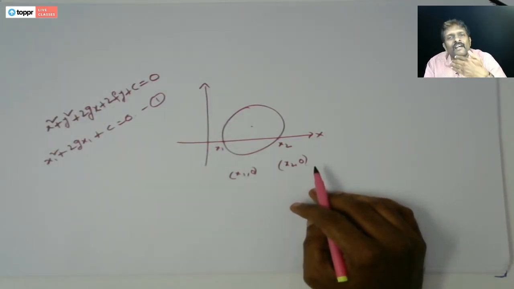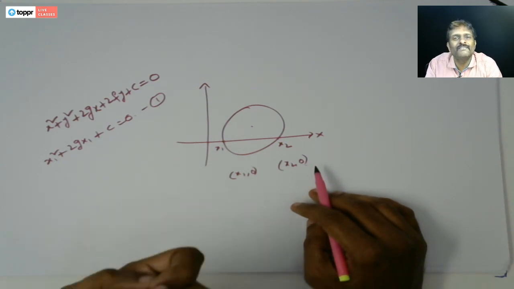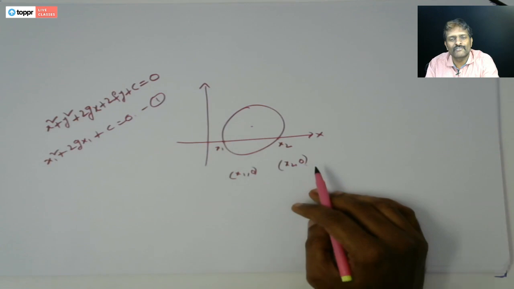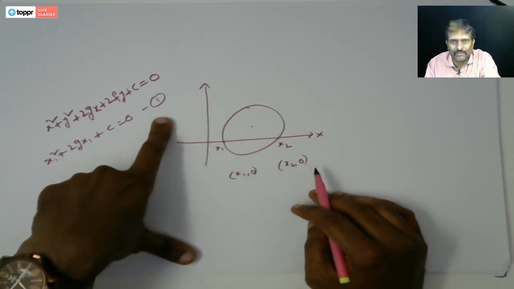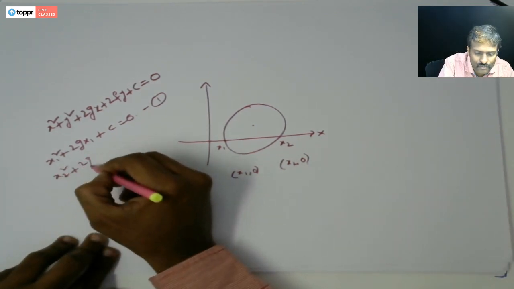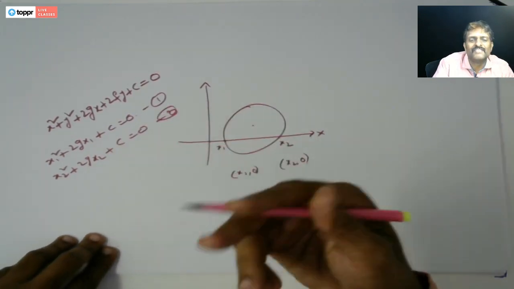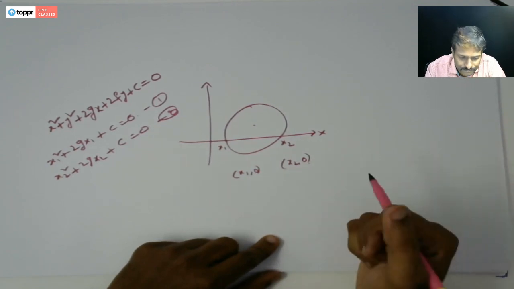That means I can remove the terms with the variable y, because y is becoming 0 here. Then x1 square plus 2gx1 plus c should be equal to 0. This is a quadratic in terms of x1. Similarly, when you substitute x2, you get x2 square plus 2gx2 plus c is equal to 0 as your second equation.